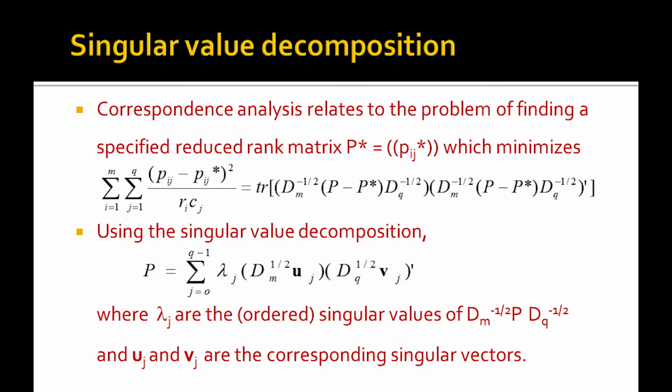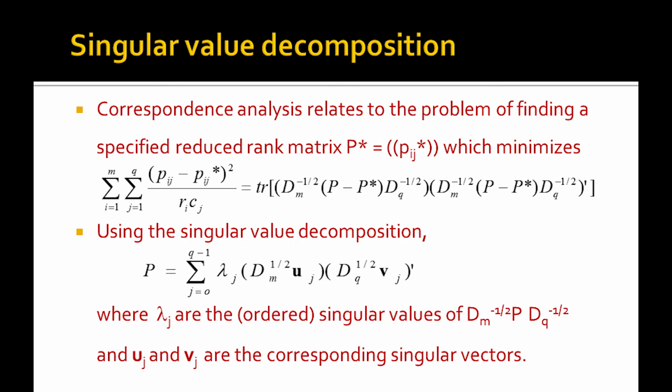Instead of the full rank, we are looking at a reduced rank matrix P star, such that the difference in the elements between the original matrix P and the matrix P star, we look at the squared distance of this, normed by the row total and the column total. We would like to minimize this summed over all the variables. So this actually would give us an approximation of P by P star.